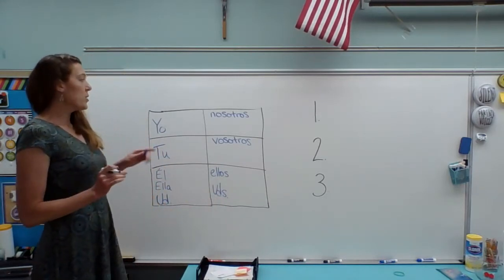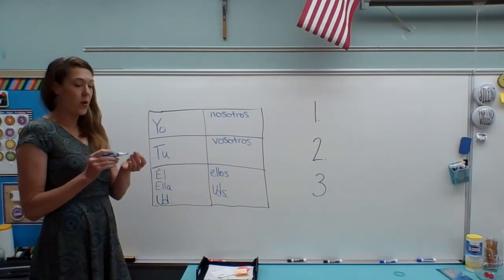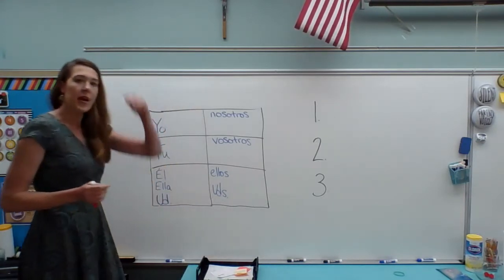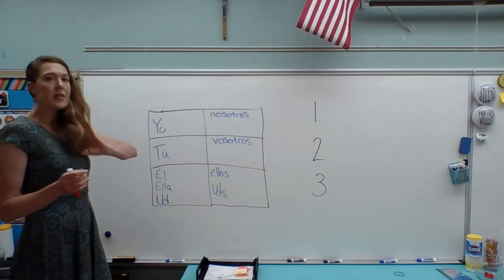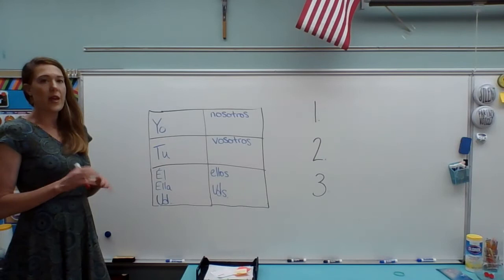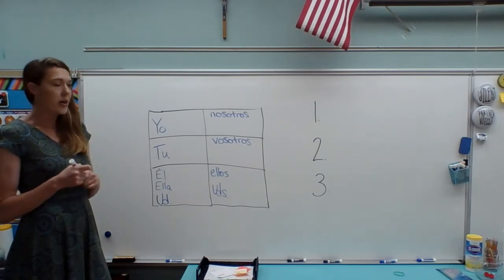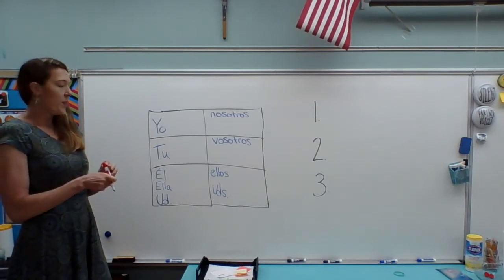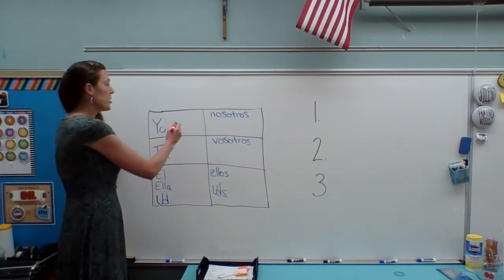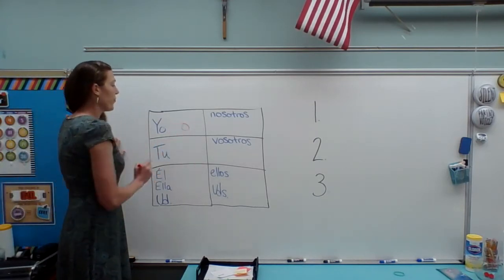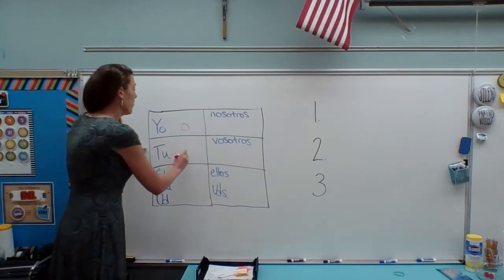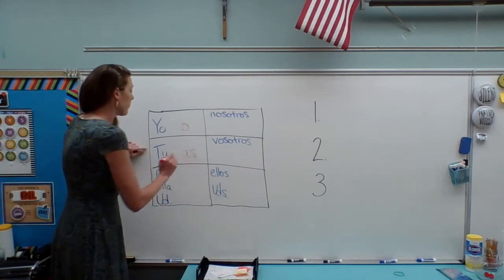Okay, so once we have our box with our pronouns in it, then we can go to the endings. And now the endings always go in the same order. And you guys will learn a very catchy song that will help you remember the endings. Yo always matches with the letter O. Tú always matches with AS.